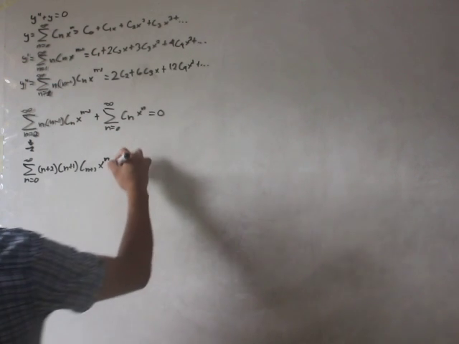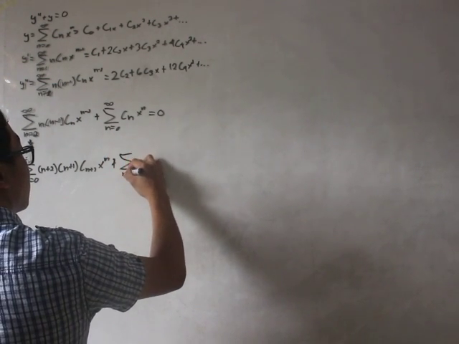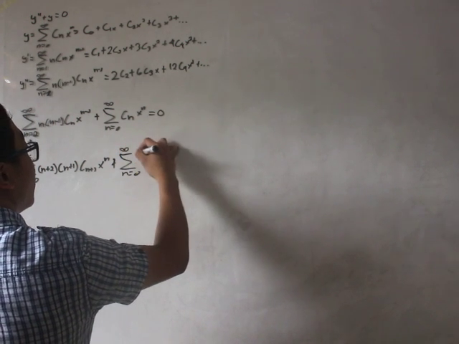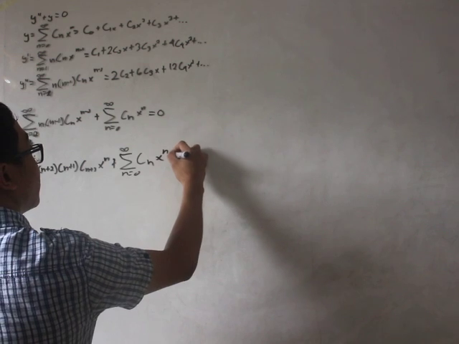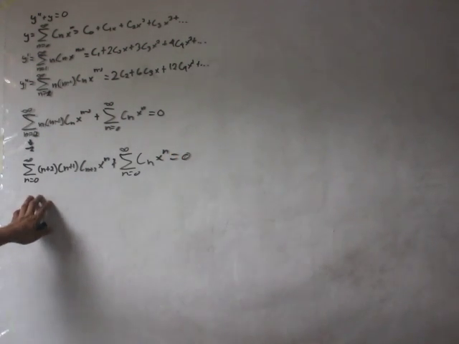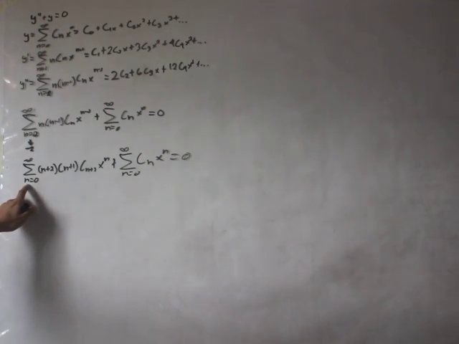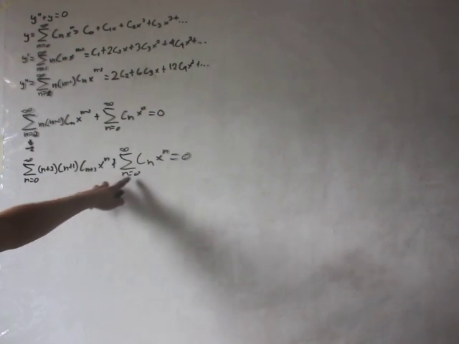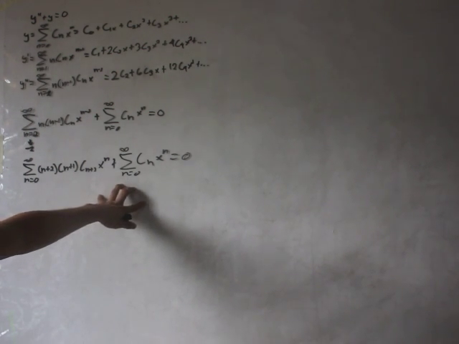So now, plus the summation from n equals 0 to infinity of c_n x^n equals 0. Now, we have already balanced the equation because the bases are n equals 0 for both. So we can pull out same terms.